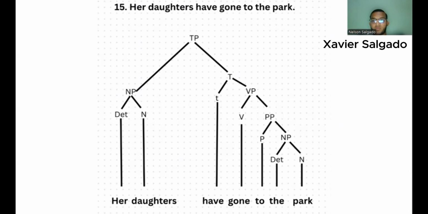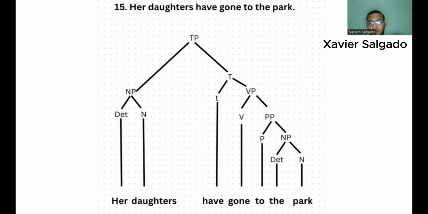Well, and on the other hand, we have T, that is a tense. So we have VP, that is a verb phrase, and we have a verb, and on the other hand, we have PP, that is a preposition phrase.